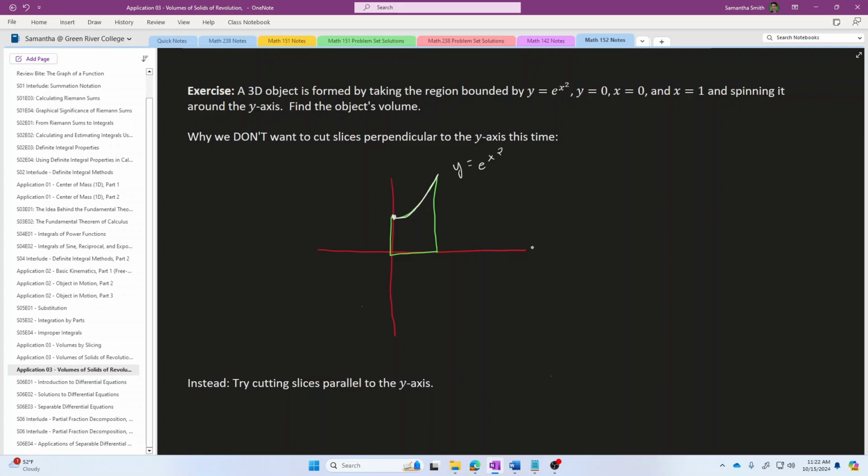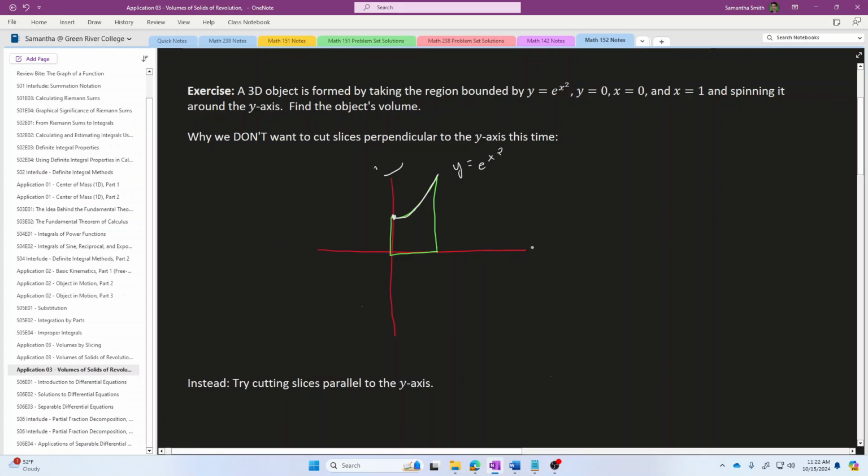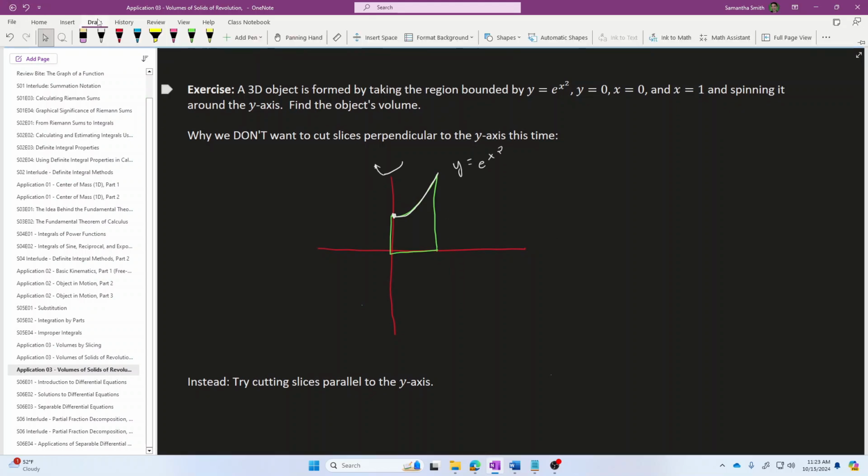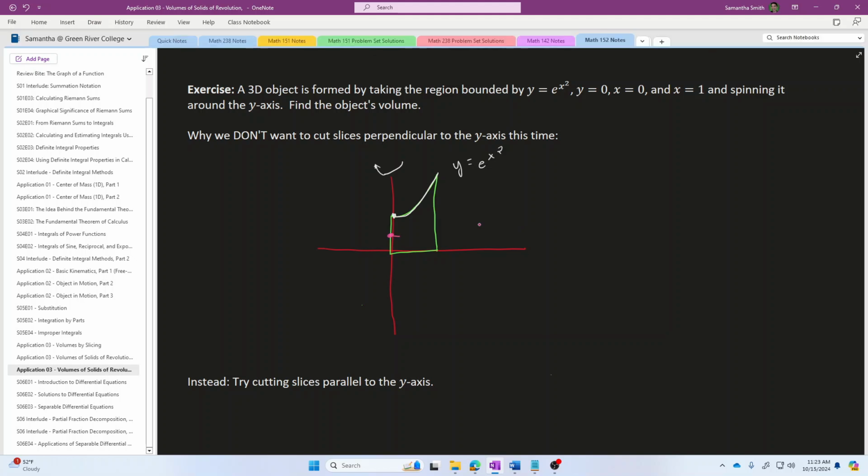y-axis. Now, if I spin this object around the y-axis, and if I decided to try and use the same technique that we introduced yesterday, I would go into this object and I would make a slice in the object that is perpendicular to that y-axis. So for an example of a slice that I might take toward the bottom of the object, I might take a slice that looks like this, and then I would spin that slice around the y-axis, and that spinning would form a circle.